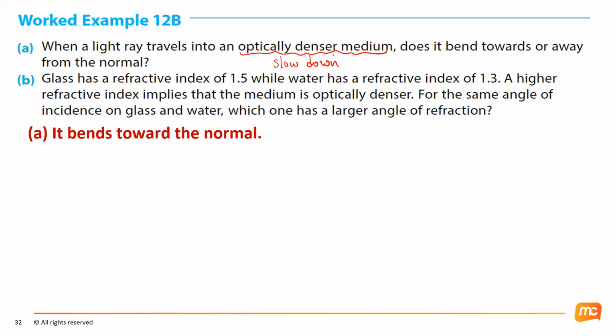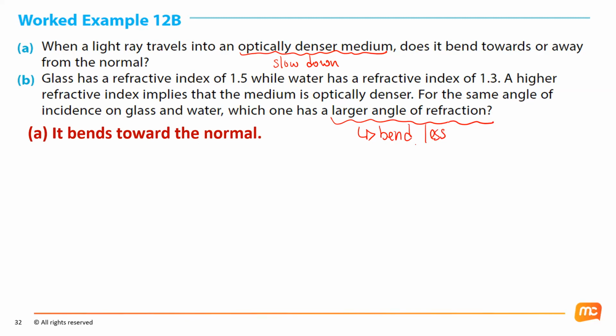So for the same angle of incidence, which one will have a larger angle of refraction? You should know that for a larger refractive index, the more I slow down, the more I bend. So if I want a larger angle of refraction, I need to bend less.